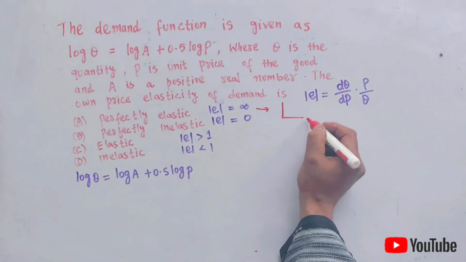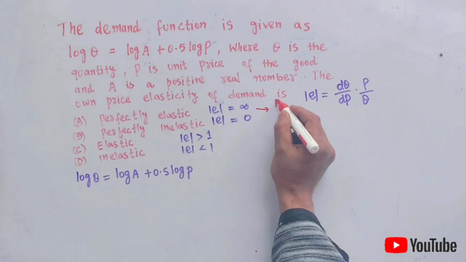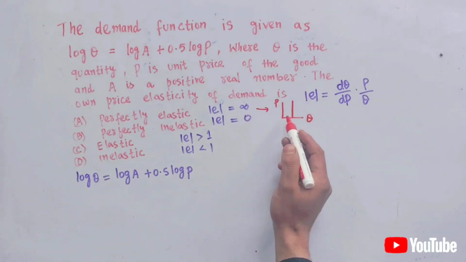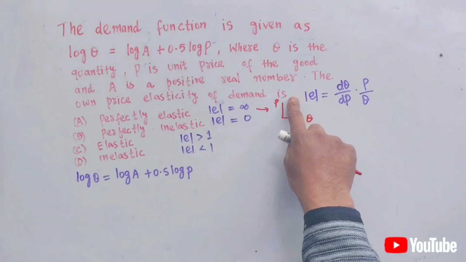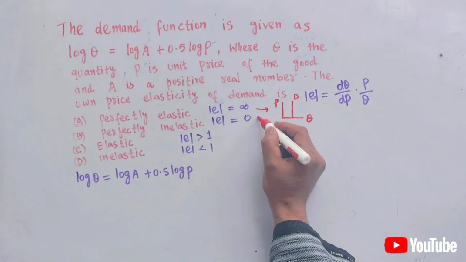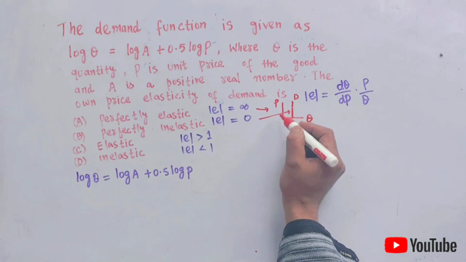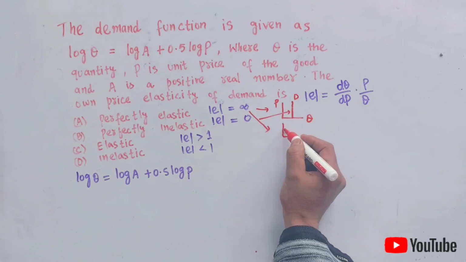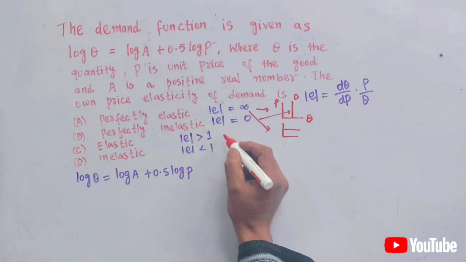So if we have quantity here, price here, this is the graph for, if this is the demand function, this is for perfectly inelastic. So for perfectly elastic, our demand function will be like this.